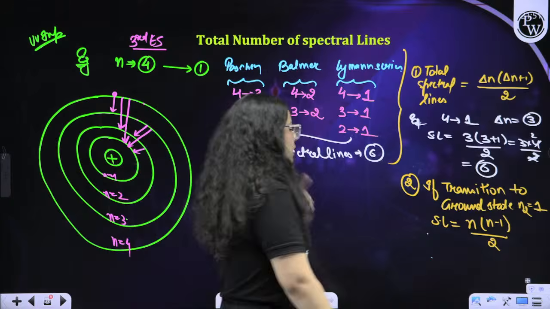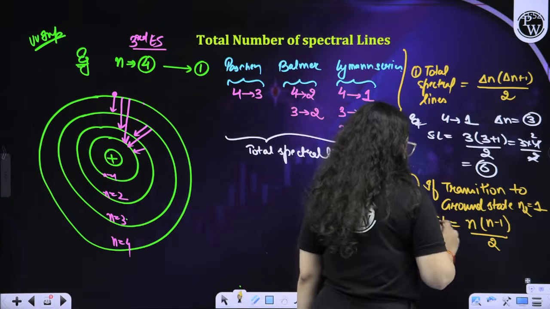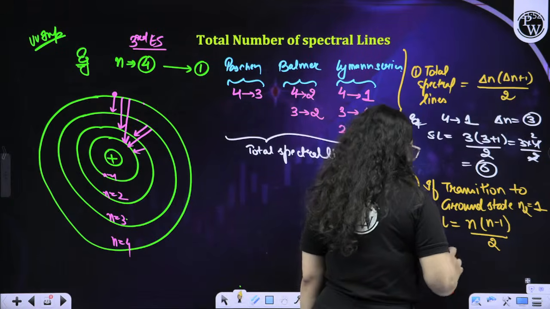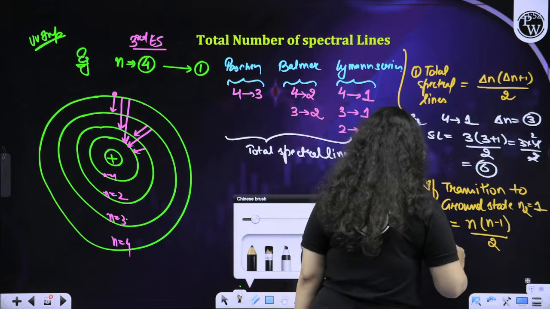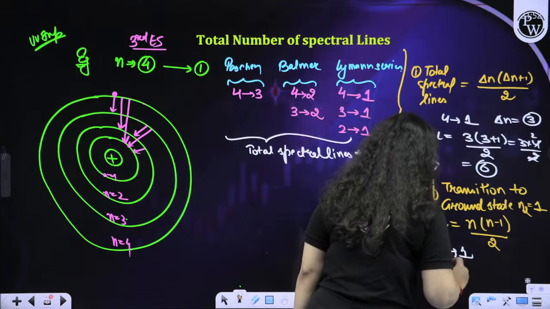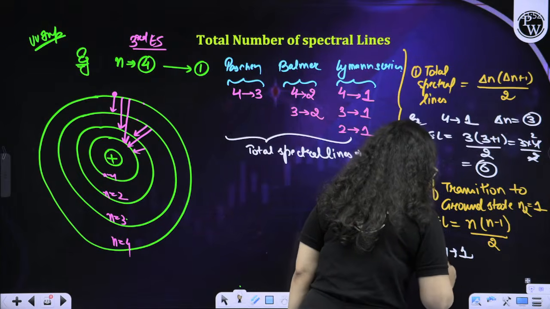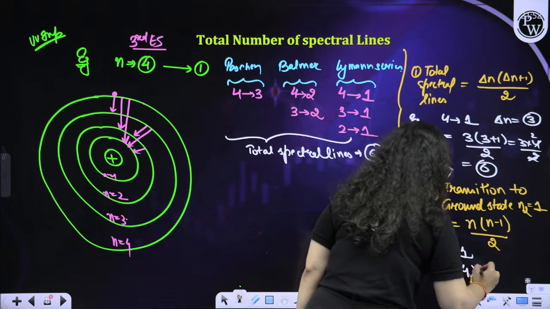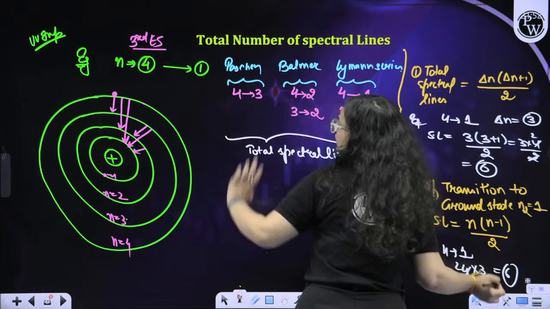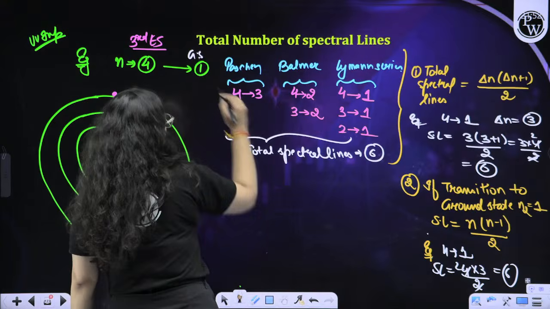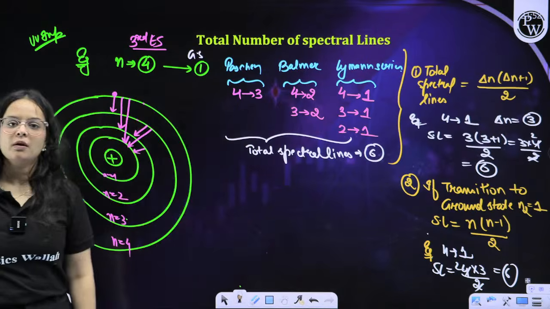Is that clear to you all? For example, taking the 4 to 1 transition, n is 4, so spectral lines will be 4 into 4 minus 1, that is 3, upon 2. It will come out to be 6 only. This is the ground state, so we get the answer 6 with this formula as well.